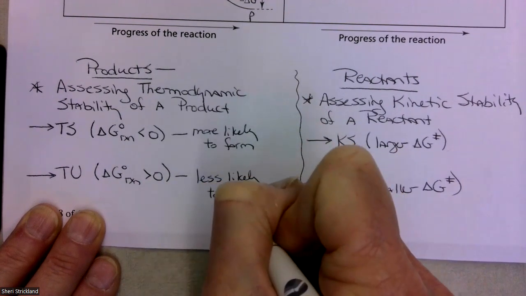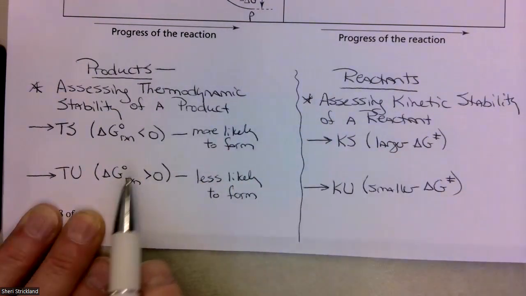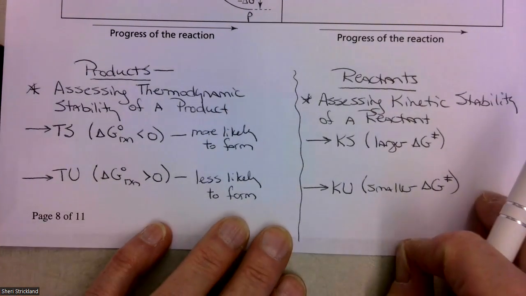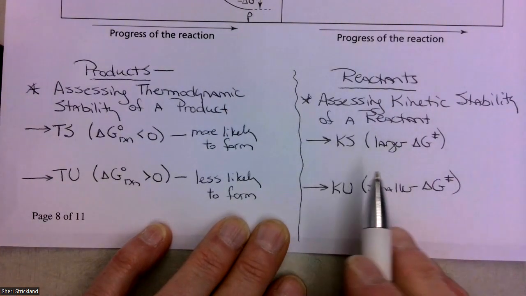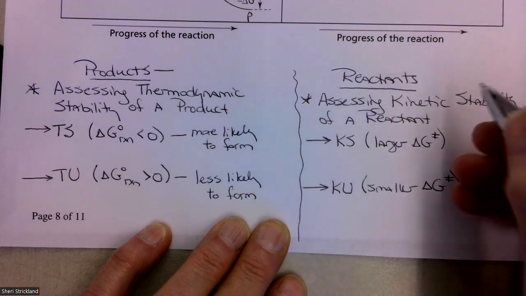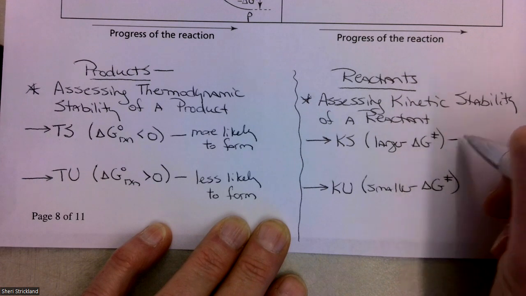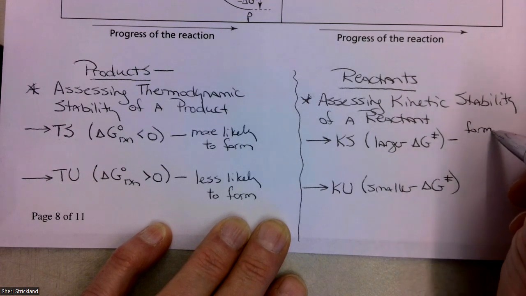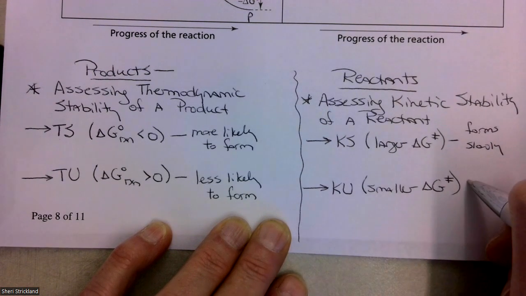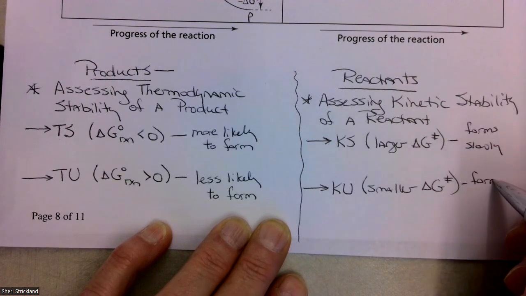So whether it's likely to form or not has to do with the thermodynamic stability of the product. But how fast it will go has to do with the kinetic stability of the reactant. So if you have a larger free energy of activation, it forms slowly. If you have a smaller free energy of activation, it forms quickly.